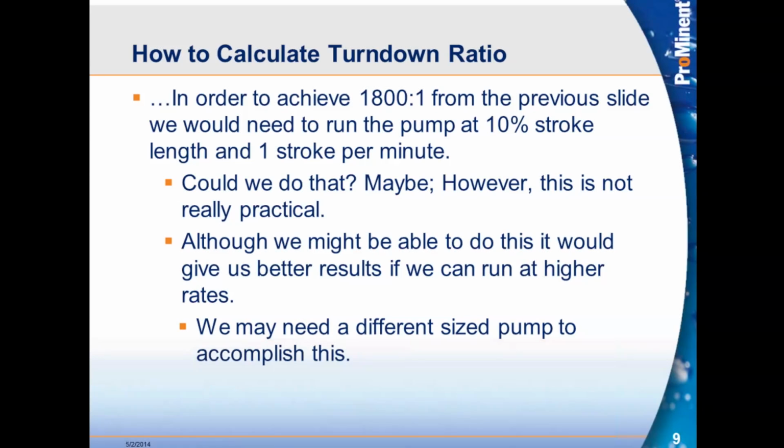Now that product, that disinfectant, is going in more often, and it will be more efficient for the process. So the chemicals, it's getting mixed in better. A smaller amount more often. Okay. Now, depending on what that disinfectant is, there might be a limit on how far we can turn it down.